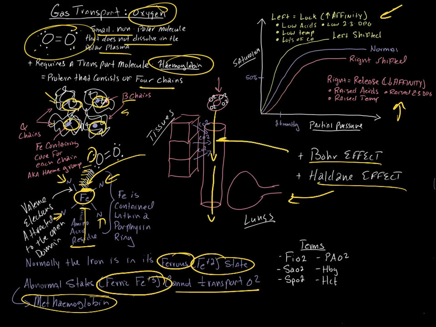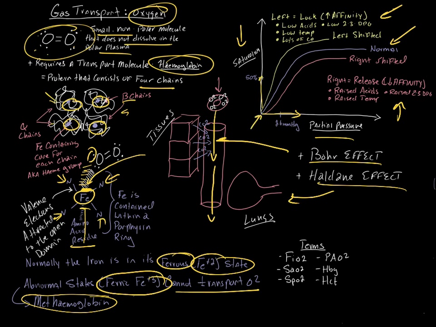And of course, we talked about already the oxyhemoglobin dissociation curve. We said that normally it is a normal sigmoid curve, right? And we plot arterial oxygen saturation as a function of the partial pressure. And generally, as the partial pressure goes up, the saturations go up.